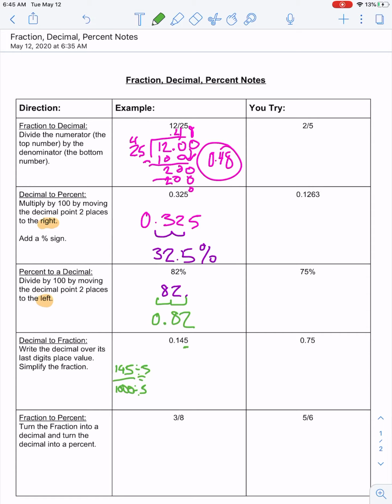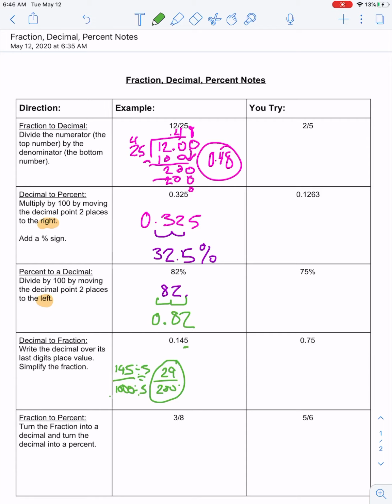So 5 goes into 14 2 times to get 10, and then 5 goes into 45 9 times. And then 1,000 divided by 5 would be 200. So this would be my fraction because 29 is a prime number and 29 doesn't go into 200.